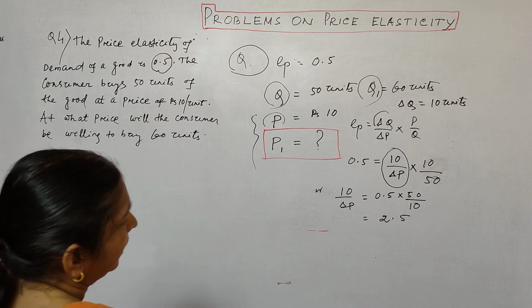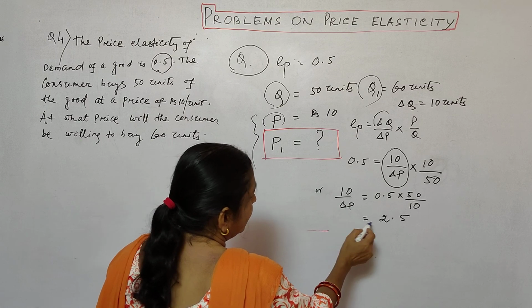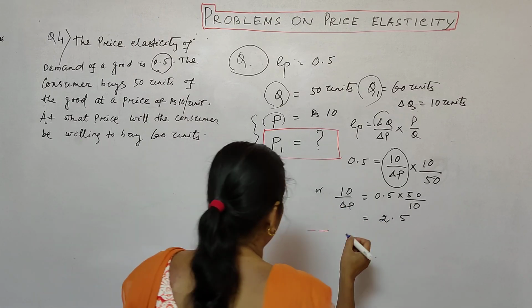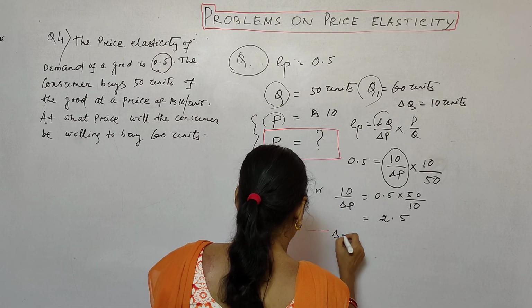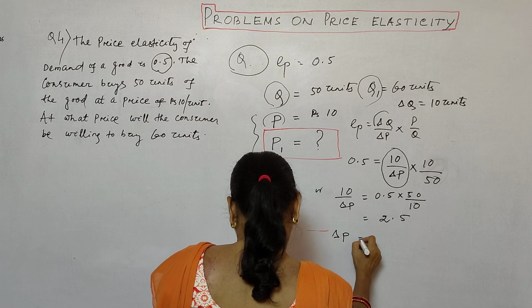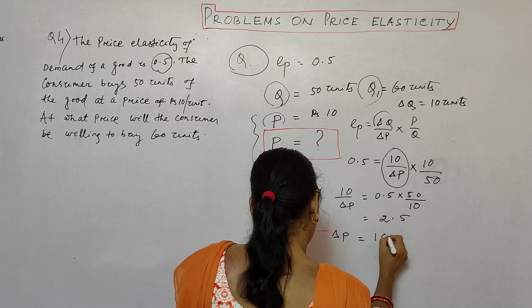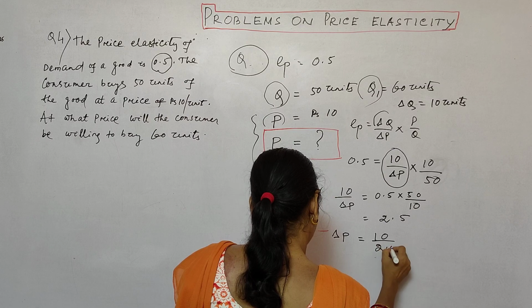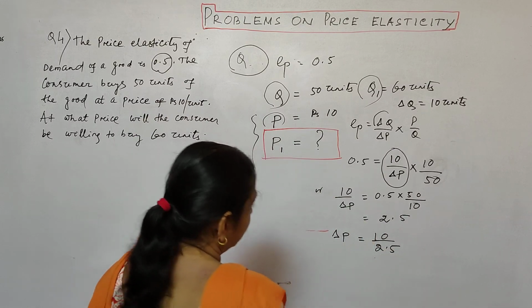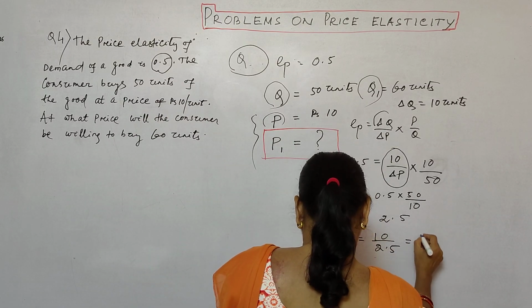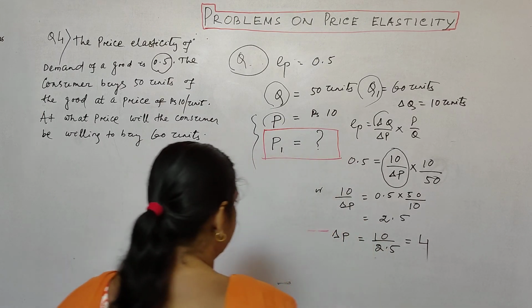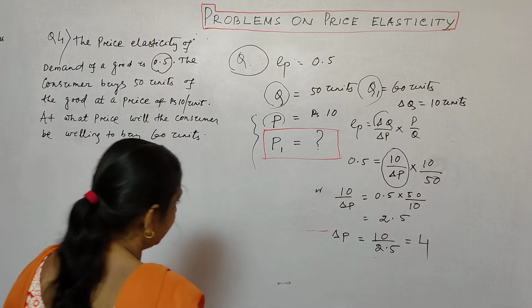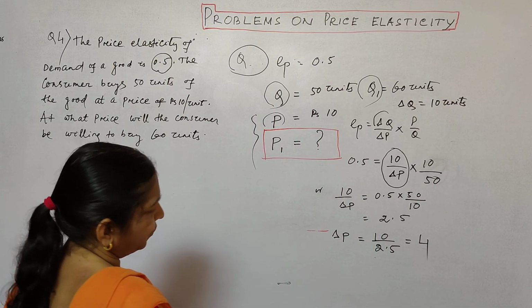So 10 by delta P is 2.5. Now what is the value of delta P? Delta P equals 10 by 2.5, equal to 4. Our delta P is 4.